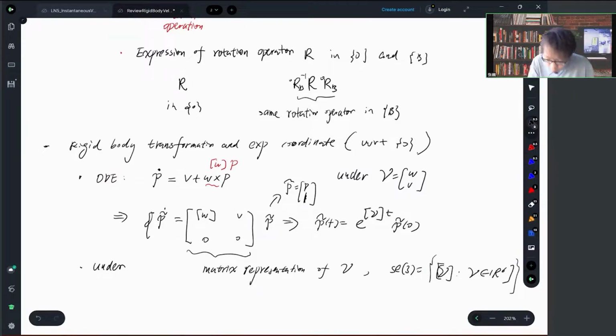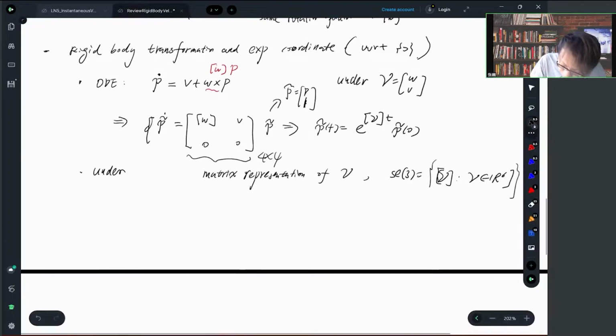So all the 4x4 matrices. This is a 4x4 matrix. From little se3, if you take the exponential, you will get this guy.